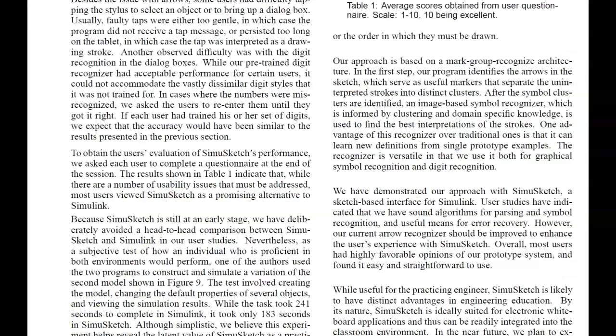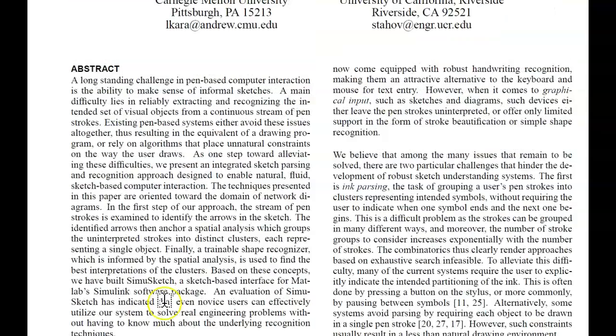Finally, I want to remind you that the results from the evaluation should appear in the abstract. So in this design study, the last sentence of the abstract focuses on the evaluation results. Again, I would like some quantification here, but it is okay that they do not.